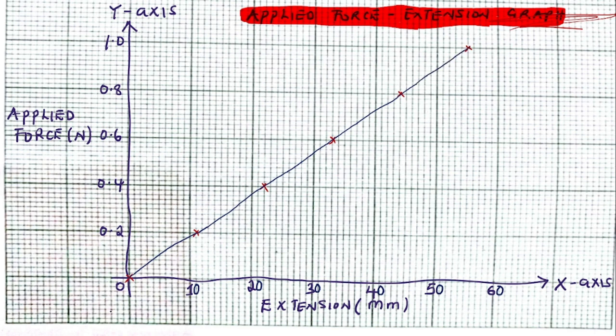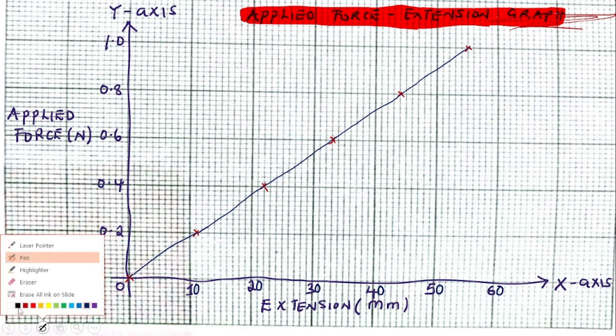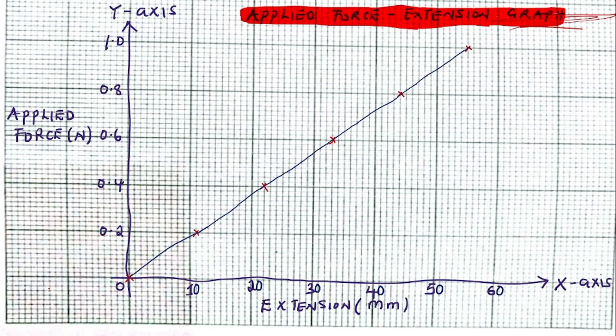As you can see in this graph, as the applied force is increasing, the extension is also what? Increasing. So in this case, we can summarize by saying this graph basically obeys Hooke's law.